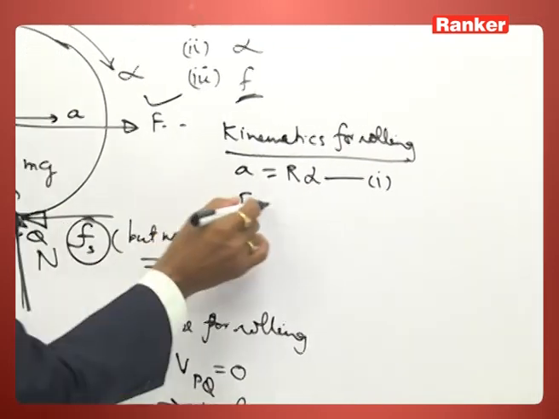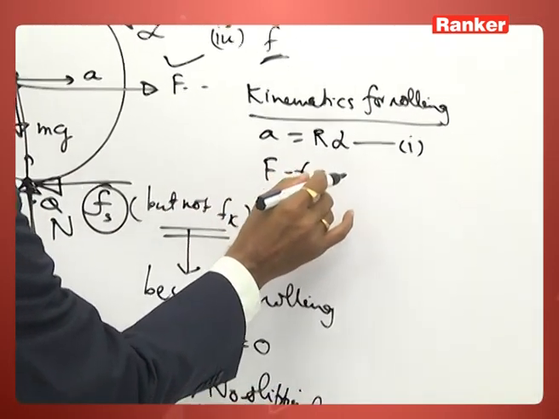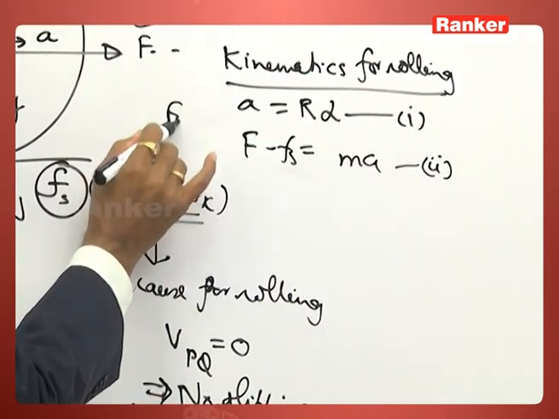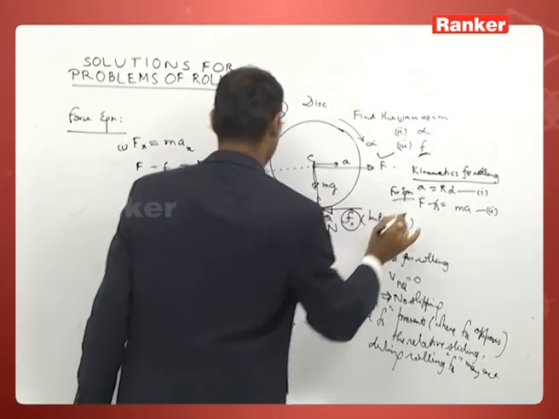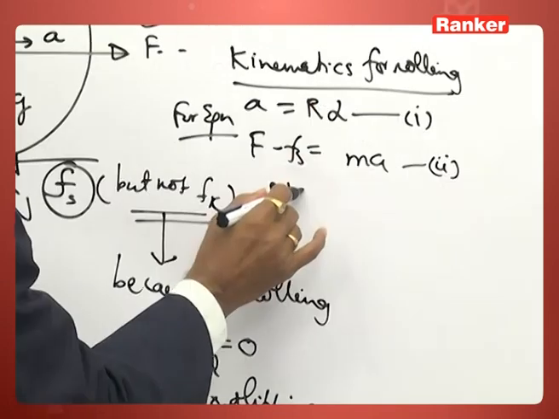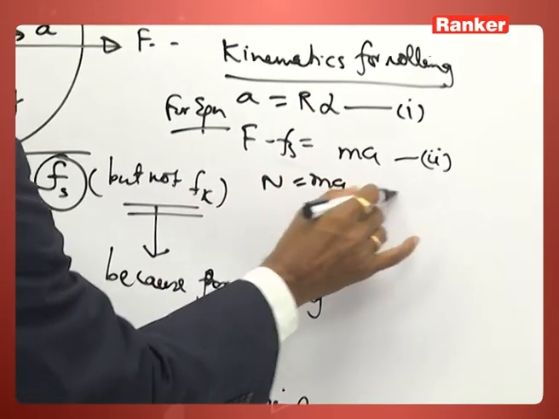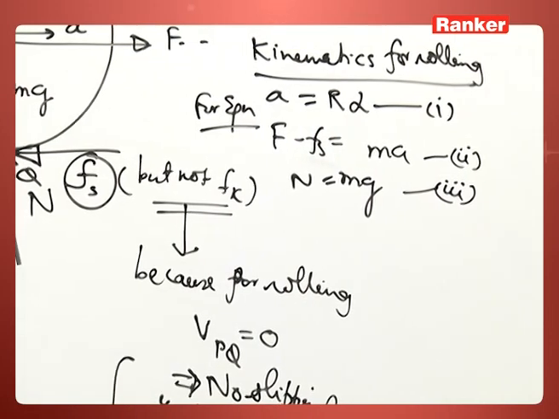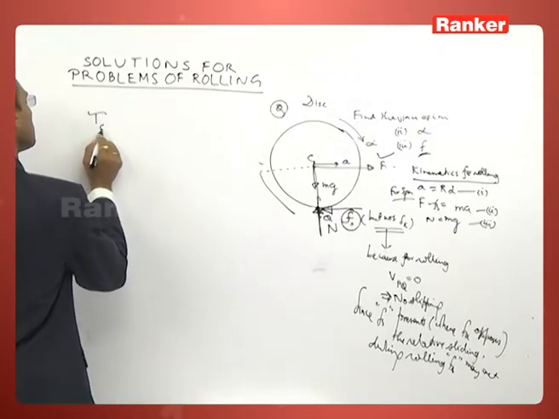Let us document these force equations on this side. F minus Fs is equal to ma. This force equation. N is equal to mg. Next, let us write the torque equation with respect to center of mass.